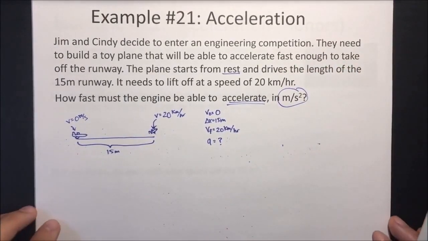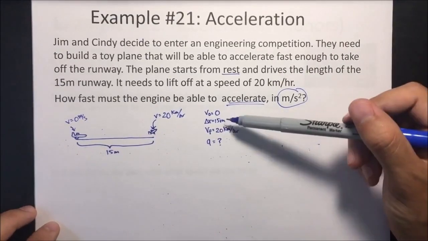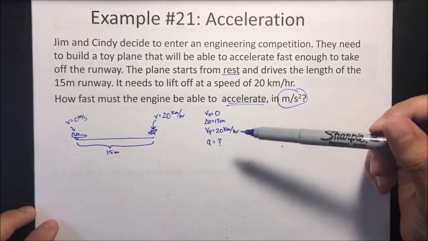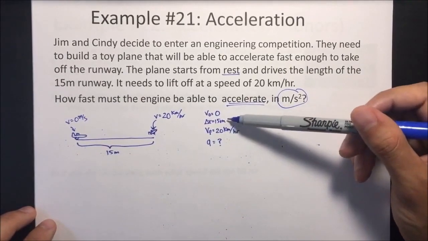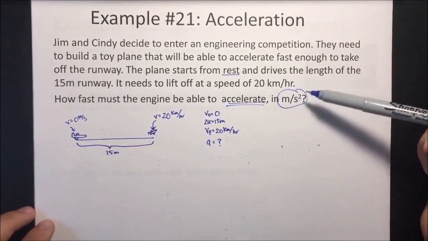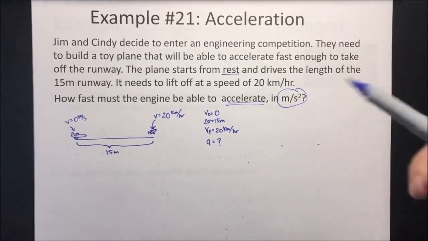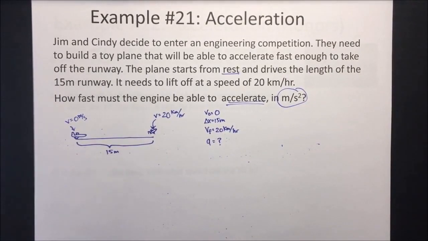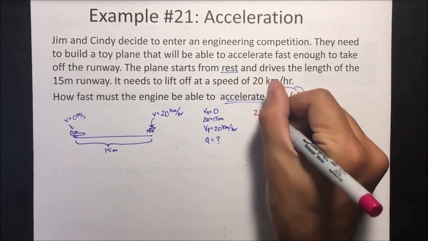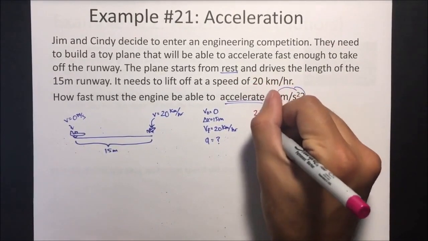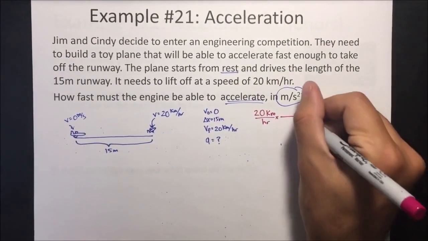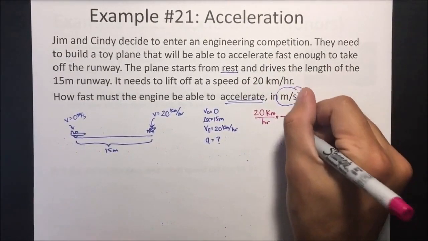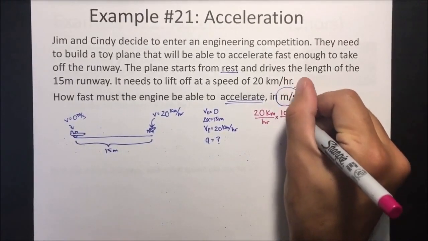However, before we can do this, we need to have all of our units correct. We have meters, but this is in kilometers per hour. So we can change this to kilometers. However, since we want everything in meters per second squared, I'm going to change this 20 kilometers an hour into meters per second. So let's get rid of the kilometers and change into meters. We know 1 kilometer is equal to 1,000 meters.